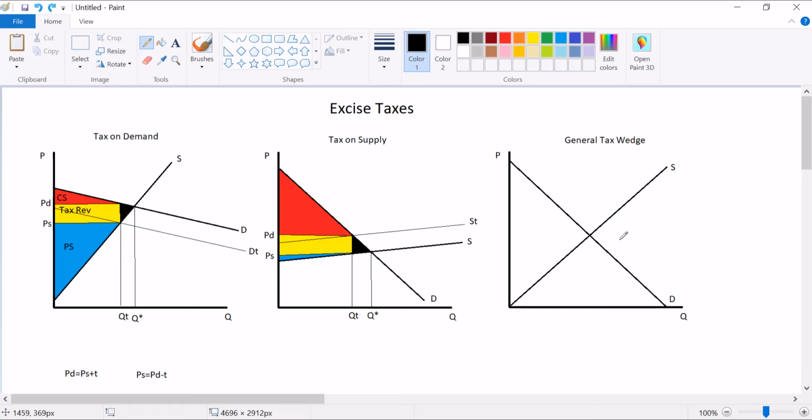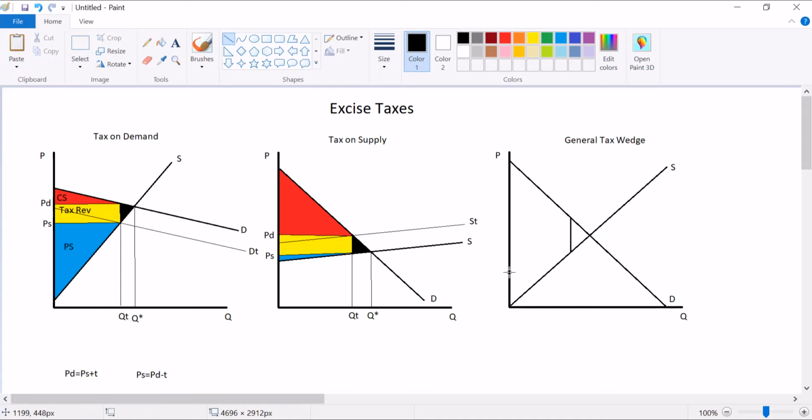All right, and the general tax wedge. So this is my cheating way of remembering this because honestly, in the end, in a competitive market, it literally does not matter if you tax suppliers or demanders. All you'd have to do is know that whether you tax demanders or suppliers, it creates a wedge between the prices.